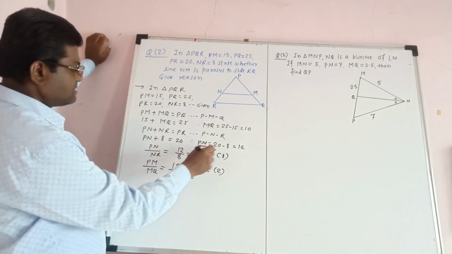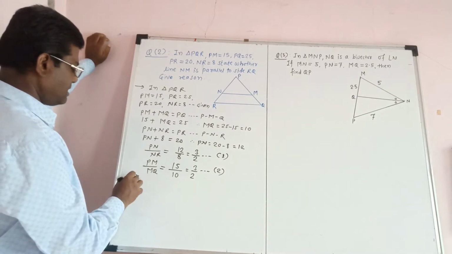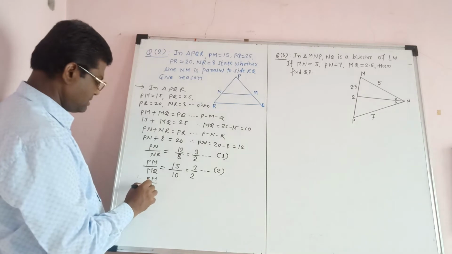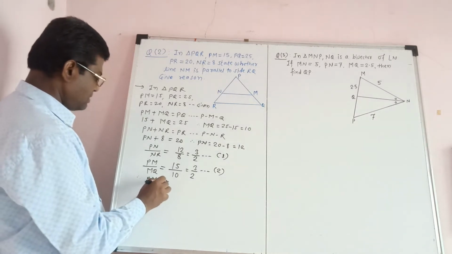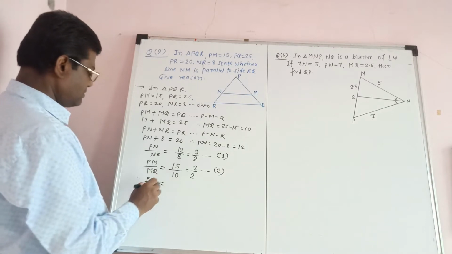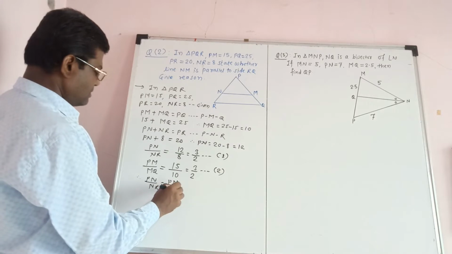So from equations 1 and 2, PN upon NR is equal to PM upon MQ.